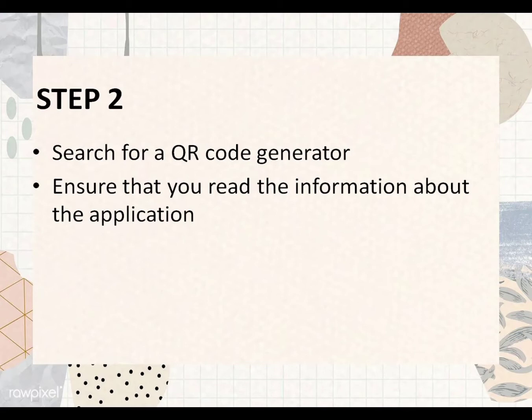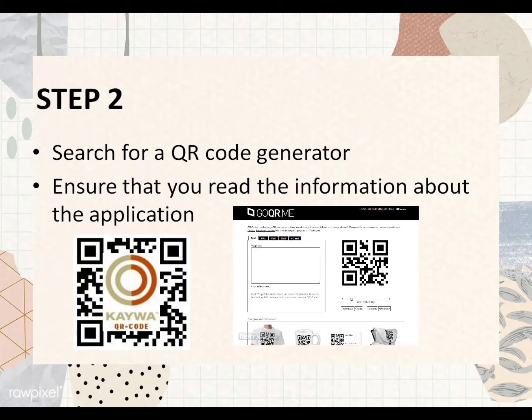This is important to ensure your safety on the internet. There are tons of QR code generators out there, but a few of the most popular are Kaywa, GoQR.me, VisualLead, and QRStop. There are many free applications online, so you can take this chance to use them.